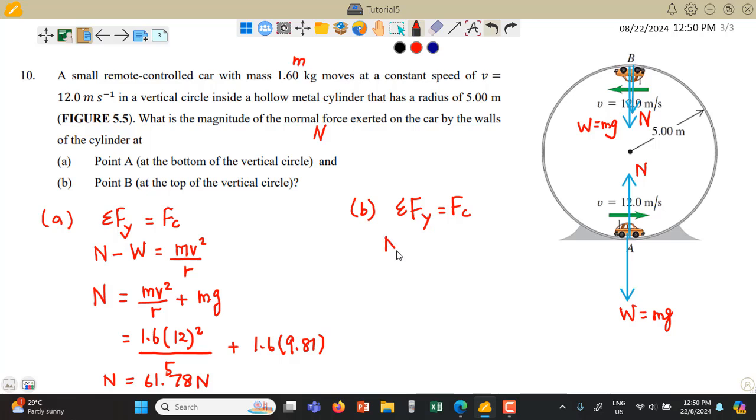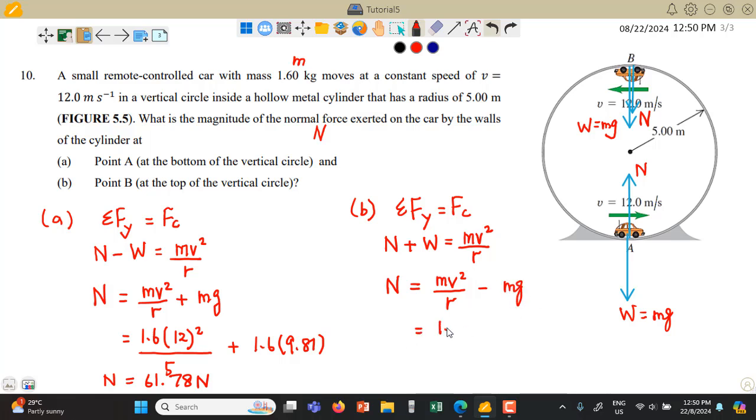So now we are going to have N plus weight equal to Fc. This Fc can relate with the mass and speed of the car and also the radius of the circle, whereby Fc is mv squared over r. Then we want to find the normal force, so we rearrange the equation. We are going to have normal force equal to mv squared over r minus weight, mg.